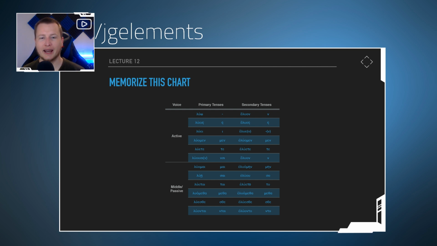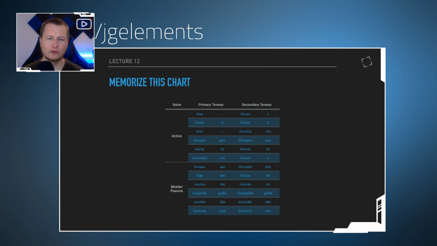Then on the right, we have the secondary tenses. They're secondary because they use the secondary endings. So, again, Elion, Elies, Elien, Eliomen, Eliate, Elion. Okay? Nu, sigma, no ending or nu, men, te, and nu.